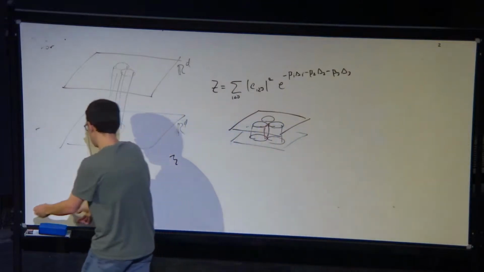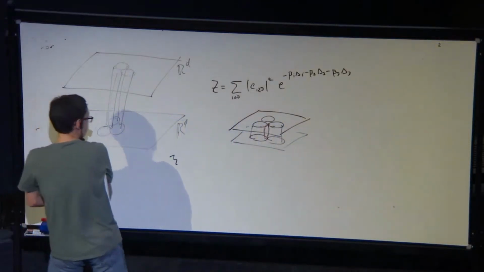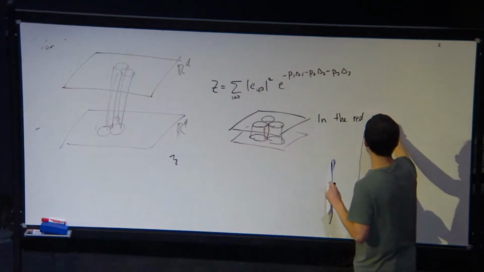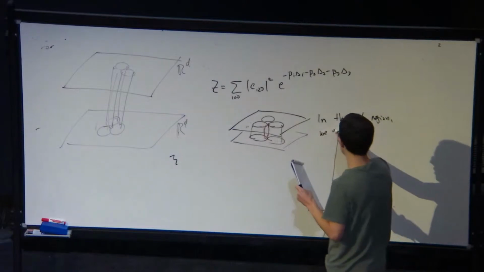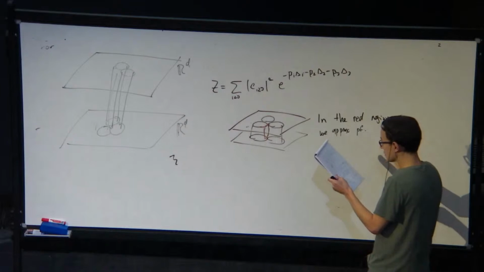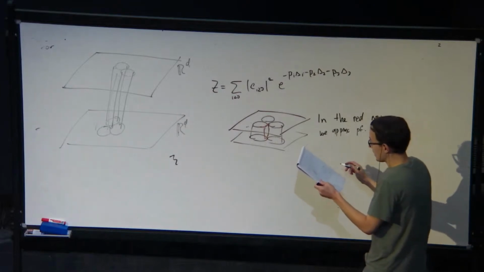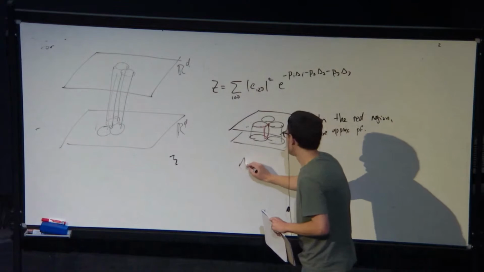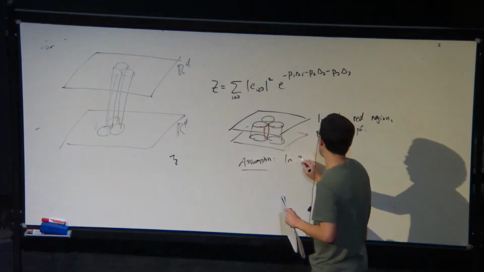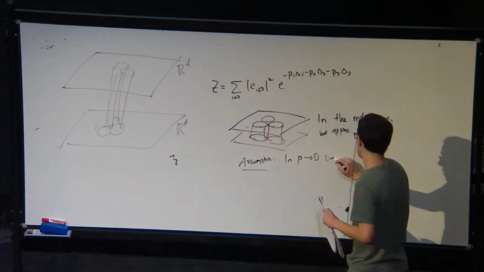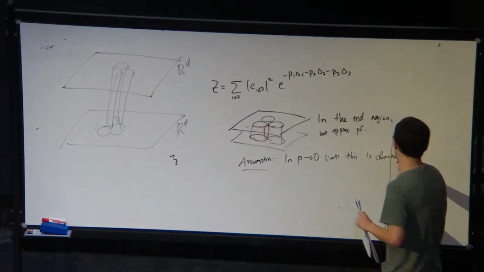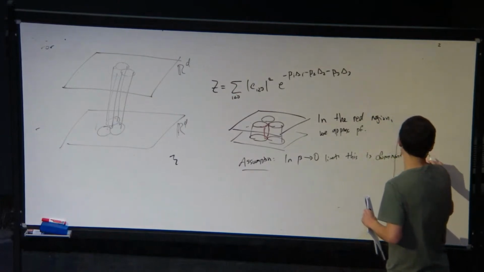So the idea is that in the red region, we can approximate the partition function using the thermal effective action. And our assumption, which is not proven, is that in the beta goes to 0 limit, this is the dominant contribution to the partition function.